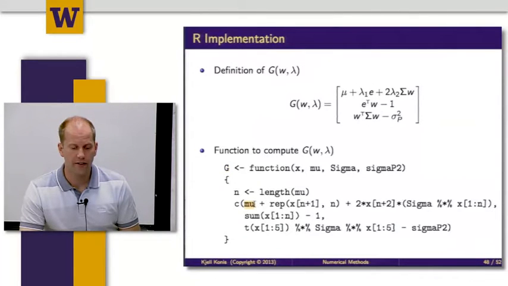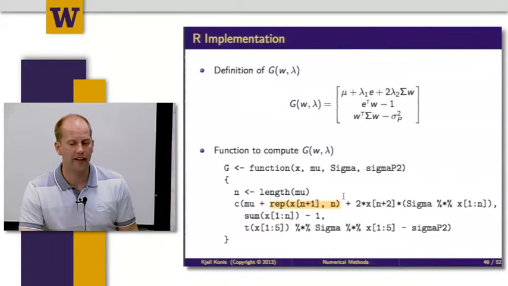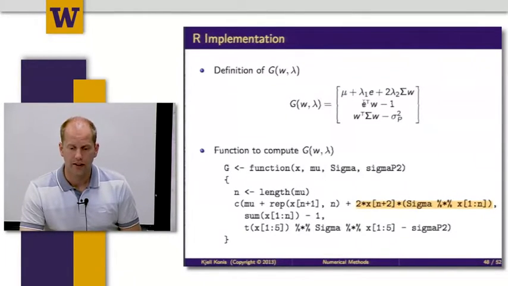And so the first is just mu plus, this is just going to repeat lambda 1 n times, which is exactly what this second term in the first row is doing. And then 2 times lambda 2 times sigma times w, so that's just what the third portion of the first line is doing. E transpose w, that just sums up the values of w. So I'm just going to use R's sum function to do the same thing.